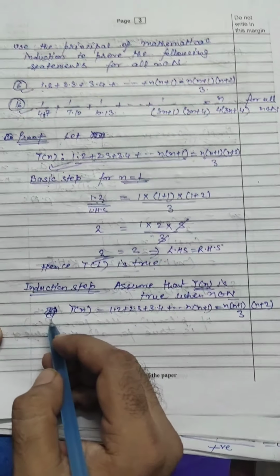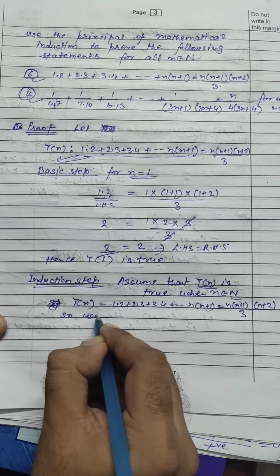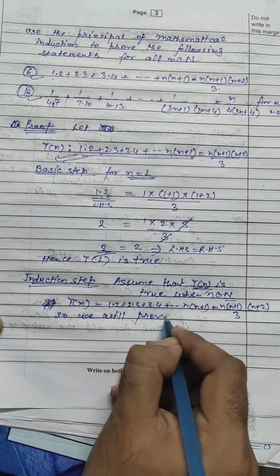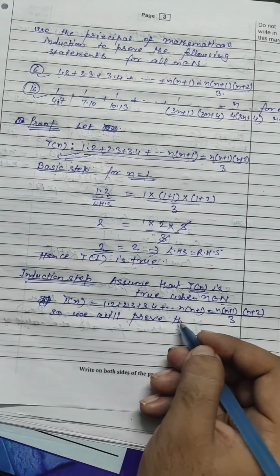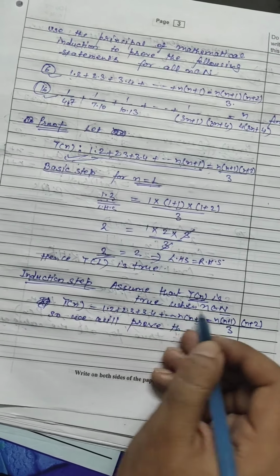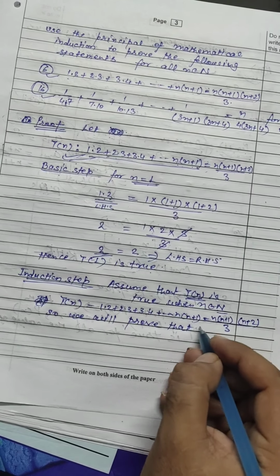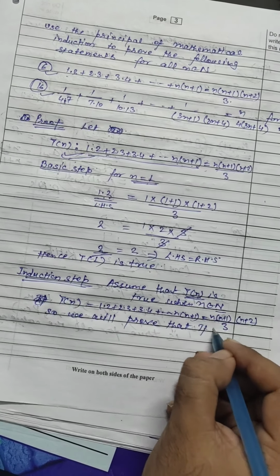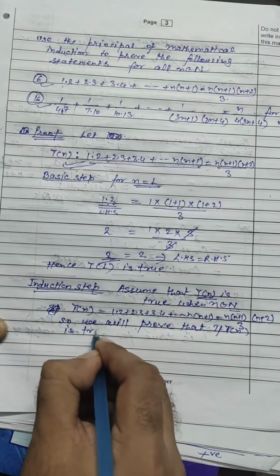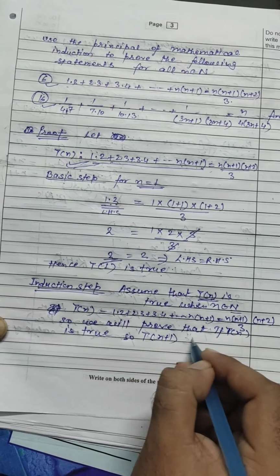Okay, so we will prove that. For the induction statement, you have to repeat it again. But you will assume here that Tn should be true. So we will prove that if Tn is true, then T of n plus 1 is also true.